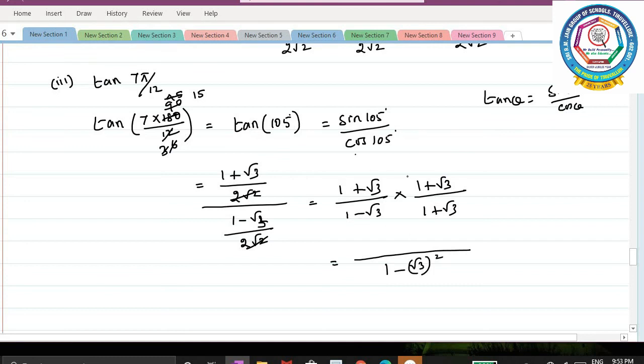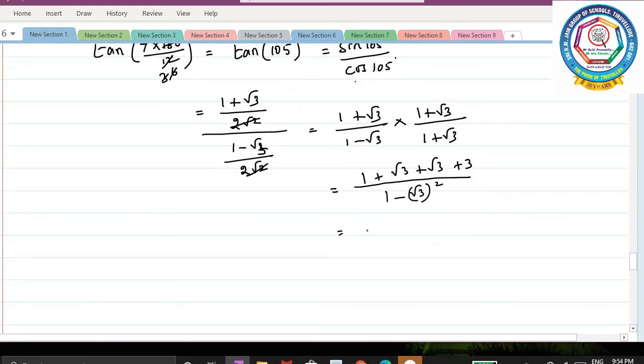Now numerator you have to multiply each term. 1 into 1, 1; 1 into root 3, root 3; root 3 into 1, root 3; root 3 into root 3, 3. So next one, 1 plus 3, 4; root 3 plus root 3, 2 root 3, by 1 minus root 3 the whole square, 3. So which is equal to 4 plus 2 root 3 by minus 2.